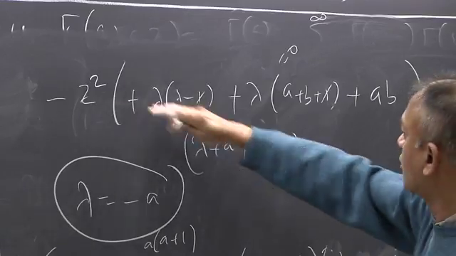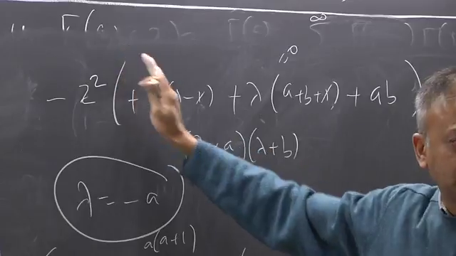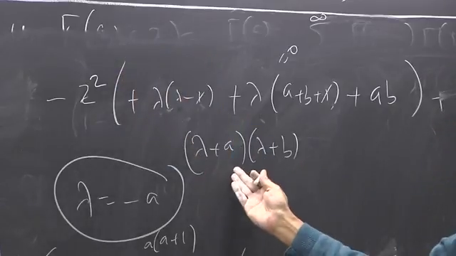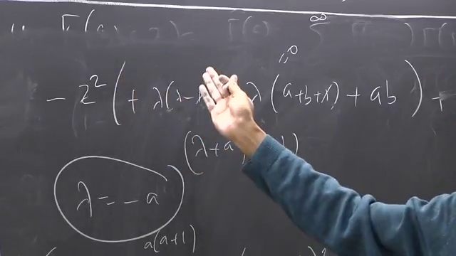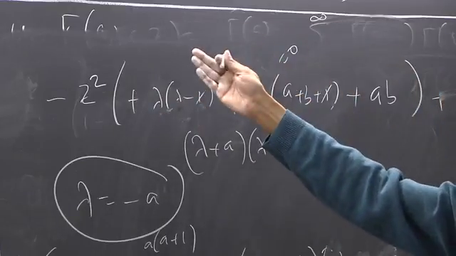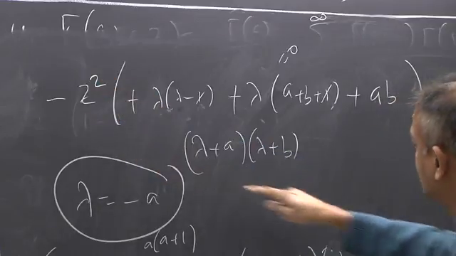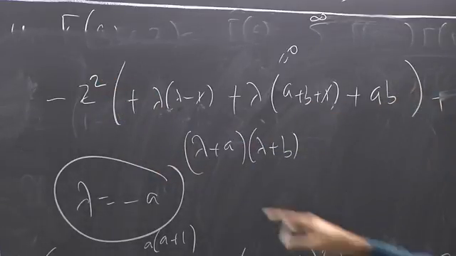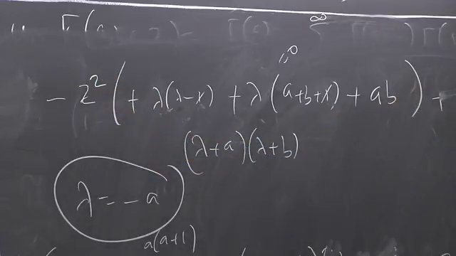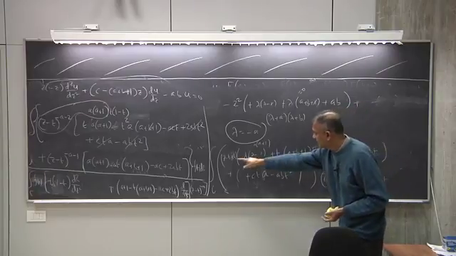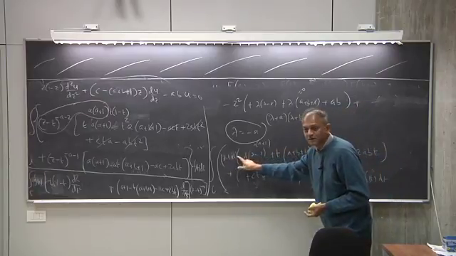Suppose I had not gotten rid of z square, suppose I had chosen some other value of lambda, not lambda equal to minus a. Then this would not be vanishing, right? In which case, when I try to write it as a polynomial in z minus t, there would also be a z minus t whole square term. You see what I did? There was a linear term. I wrote it as z minus t plus t.